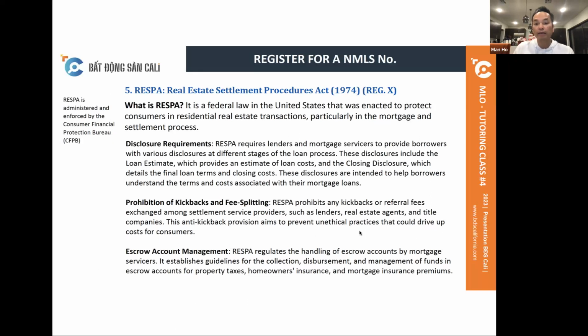RESPA requires lenders and mortgage servicers to provide borrowers with various disclosures at different stages of the loan process. These disclosures include the loan estimate, which provides the estimate of loan costs, and the closing disclosure, the CD, which details the final loan terms and costs. These disclosures are intended to help borrowers understand the terms and costs associated with their mortgage loan.